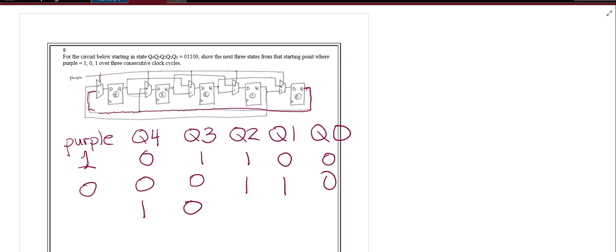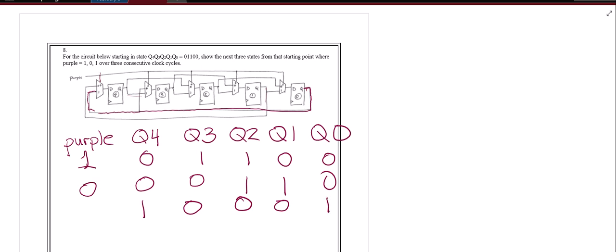And Q2, its 0 looks like it is Q4, which is 0. And Q1 was Q3, which is 0. And Q0 is Q2, which is 1.